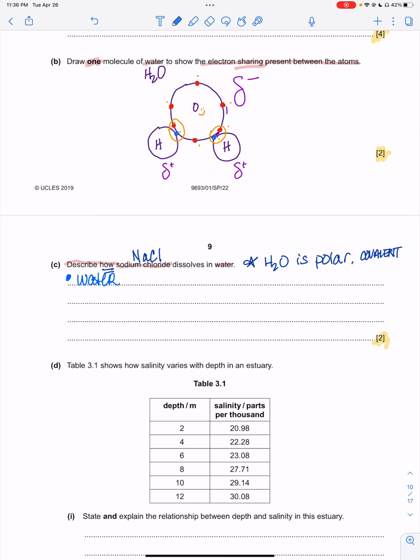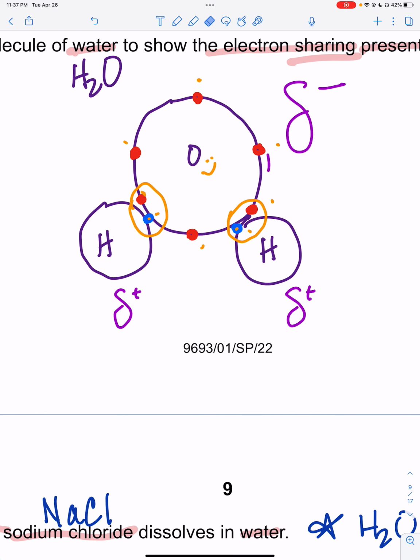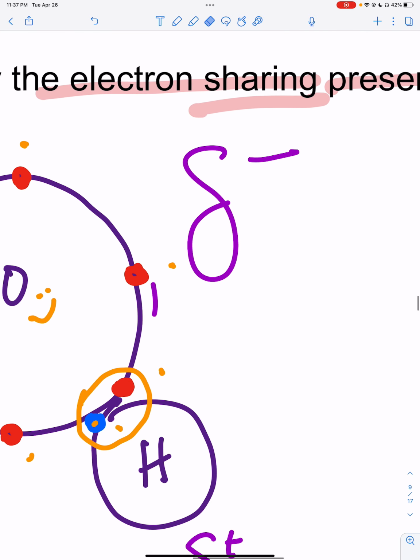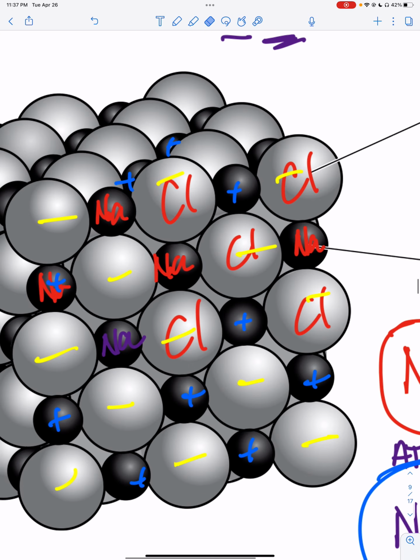So essentially, how come this molecule, consider your positive side and your negative side, how come that can break this down? Well, this also has positives. It also has positives and it has the negatives. And that's how they're going to bond.